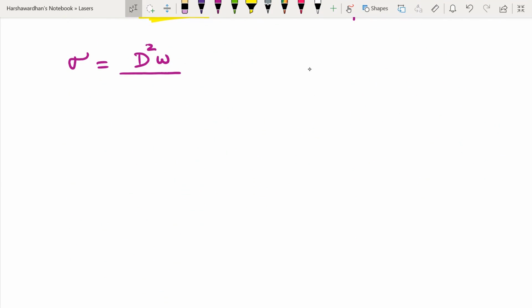And what you are left with essentially is 3 epsilon naught c h cross. You can check the algebra for yourself. And this is beta divided by omega 21 minus omega, whole square plus beta square.